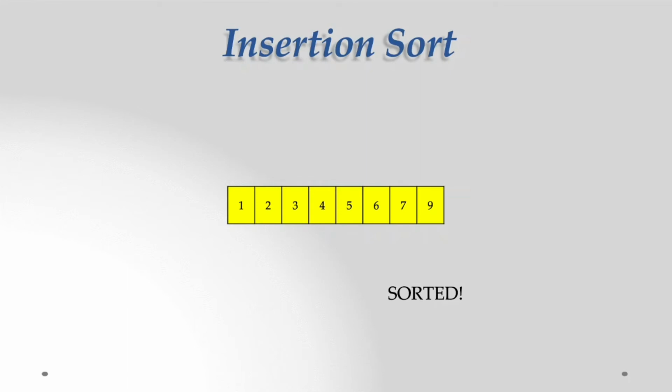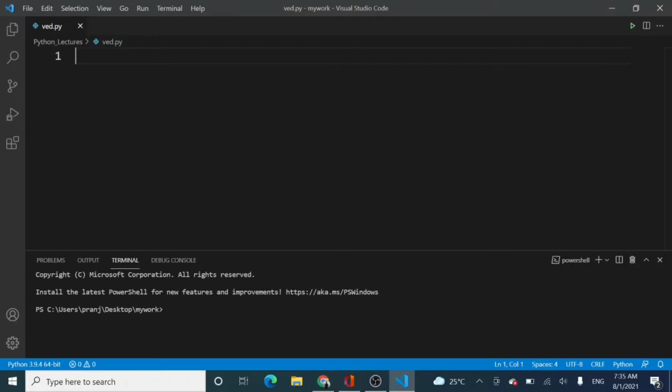So now let us move to Python Visual Studio and let us see how we can make a program for insertion sort. So here, in order to make a program of insertion sort, I will be making use of functions, and I will be making a function with the name of insertion sort.